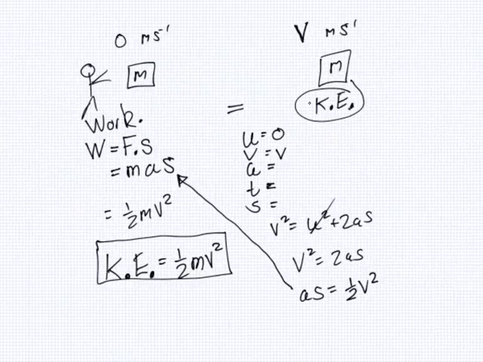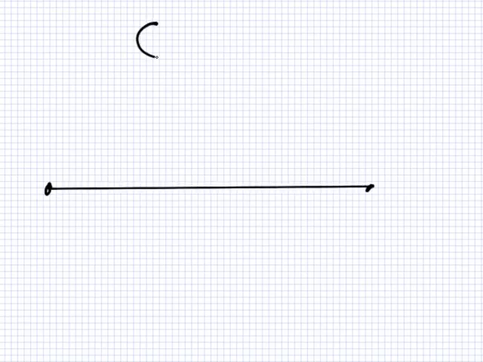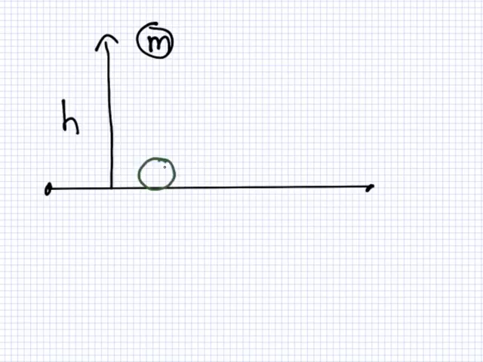Okay, next now, continue. So, here, let's say this is a ball, and its mass is m, and its height is h. So, here, when it hits the ground, it's moving. Yes, of course it is.